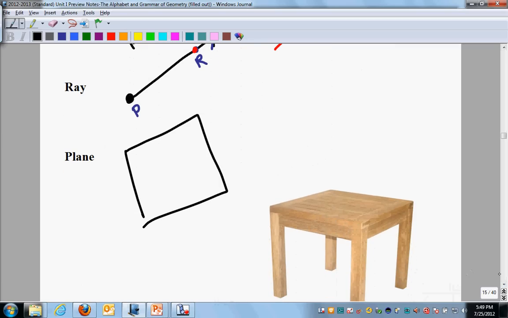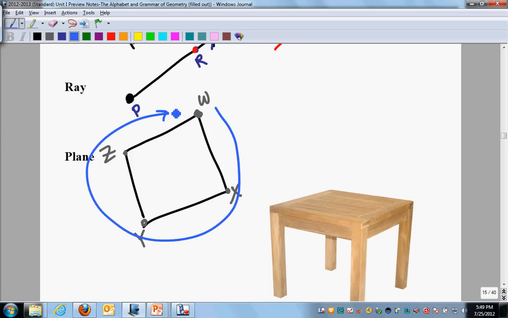Now, a plane is any flat surface or piece of a flat surface. In a plane, we usually name it by the capital letters at the corners. So let's do W, X, Y, Z. Notice these are points, so they're capital letters. We name a plane going clockwise or counterclockwise, any three letters, and I write the word plane.